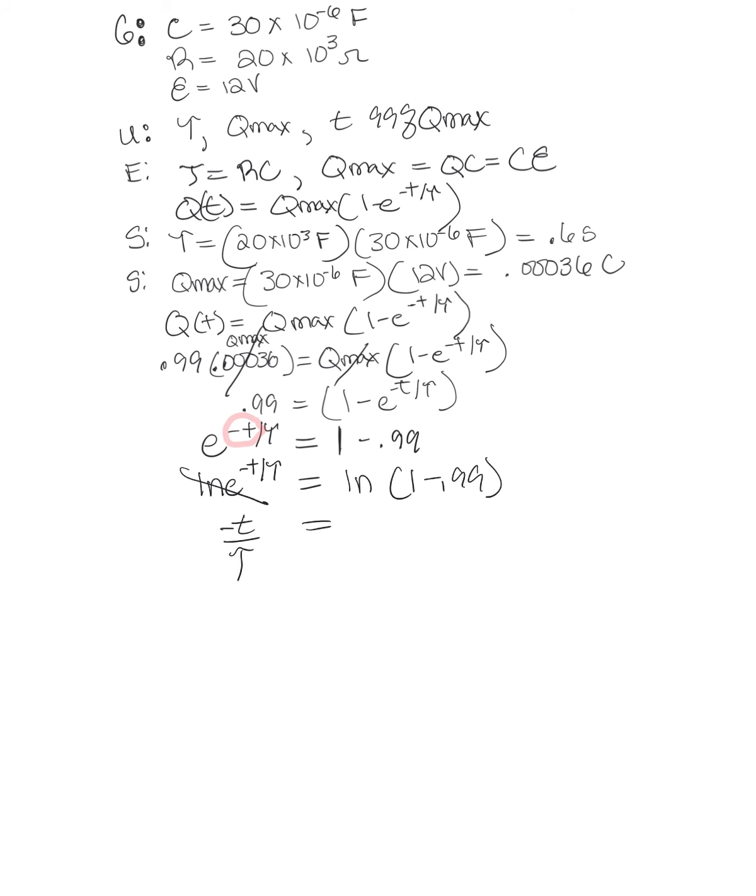We don't have that trick over here, so we just have ln of 1 minus 0.99. Then we need to multiply both sides by negative tau, and that will get rid of that and our negative. So now we have t equals negative tau, which we found up here was 0.6 seconds. So it's going to be negative 0.6 seconds times the ln of 1 minus 0.99.